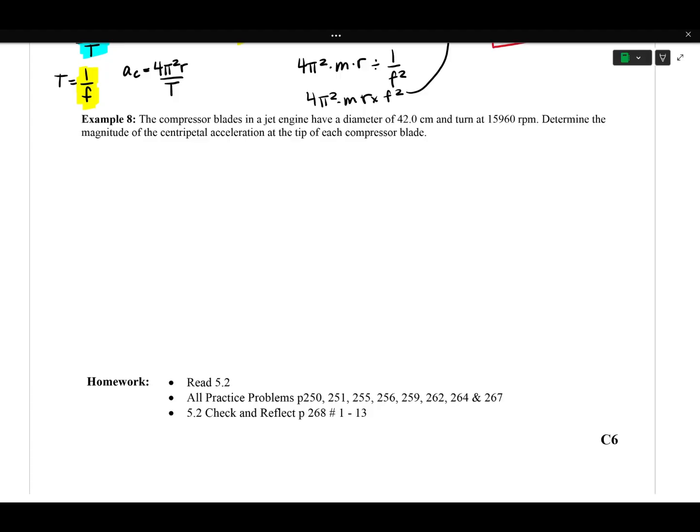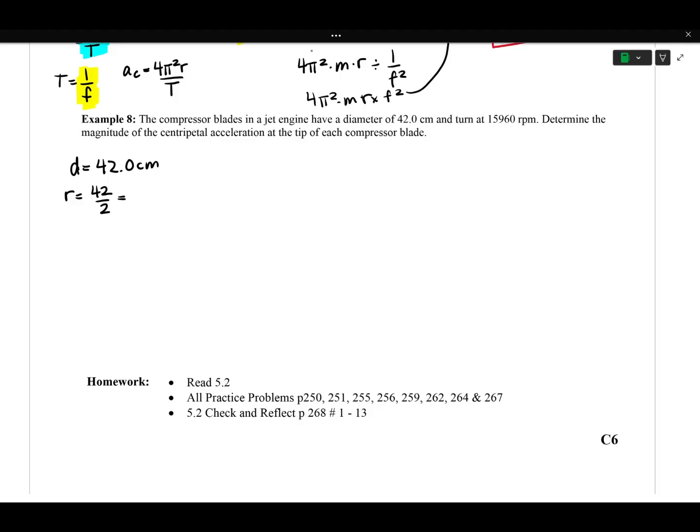Okay, the compressor blades of a jet engine have a diameter of 42 centimeters, and they turn at 15,960 RPM. Determine the magnitude of the centripetal acceleration at the tip of each compressor blade. Okay, so let's take a look. What do we know? Diameter, 42.0 centimeters. We also know the RPM.